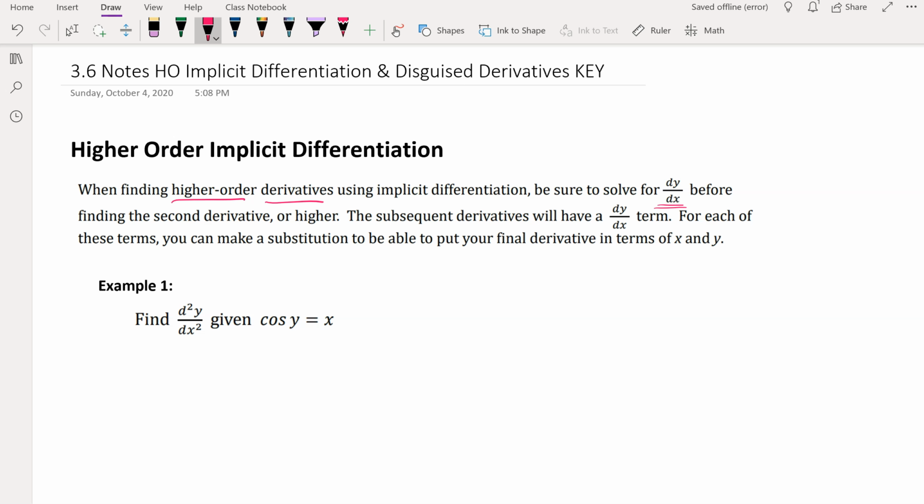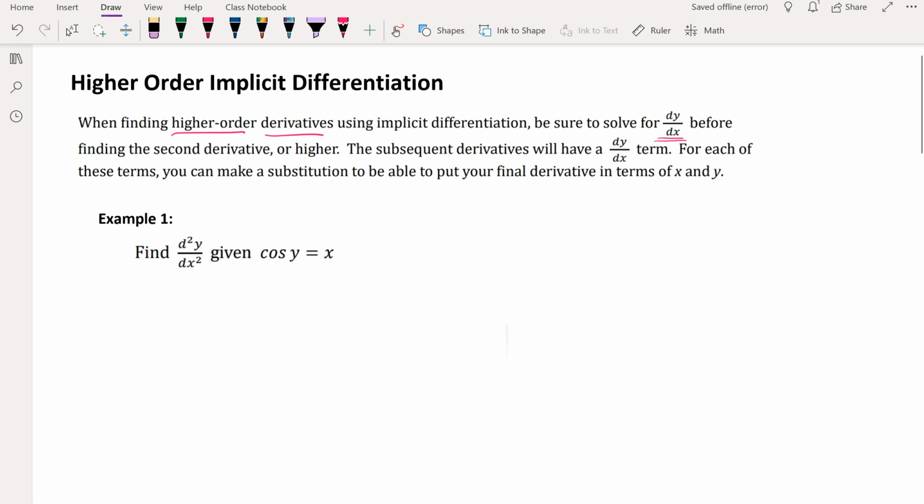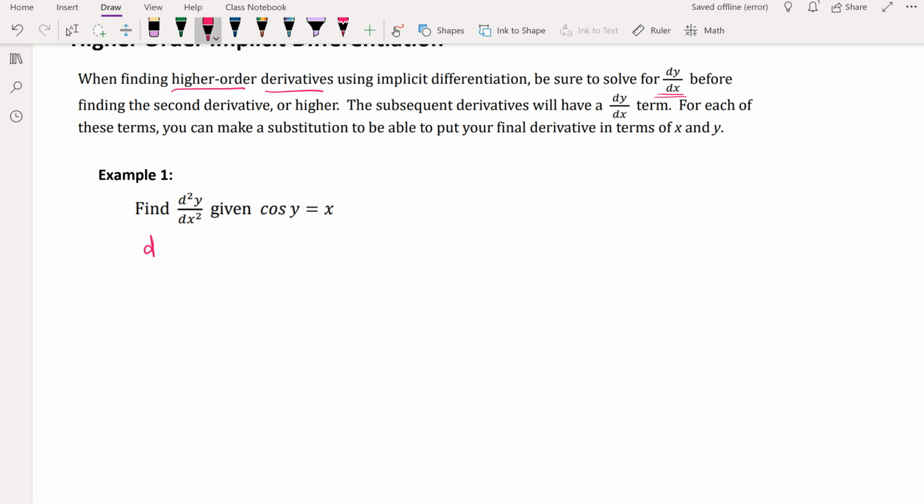Okay, so get this example down in your notes, and let's go ahead and do it. So the first thing we're going to do is find the first derivative of this function. So I'm going to write that as the derivative with respect to x of this whole thing, cosine y equals x. Okay, and now we take the derivative with respect to x of both sides.